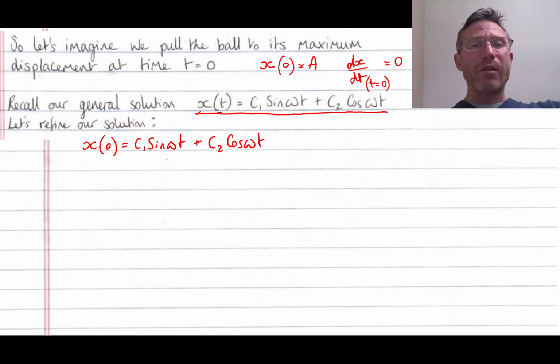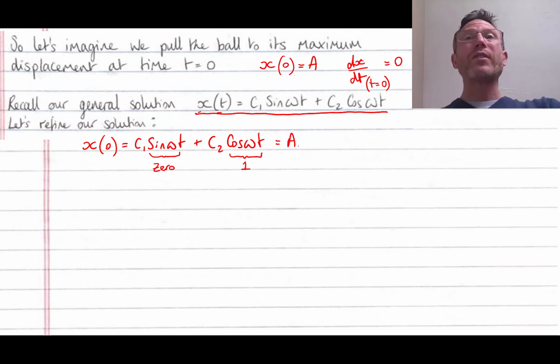When t is equal to 0, the sine term will be 0, and our cosine term is going to be equal to 1. Since x of 0 is equal to A, this tells us that C2 must be equal to A. That's our amplitude, so C2 is our amplitude.